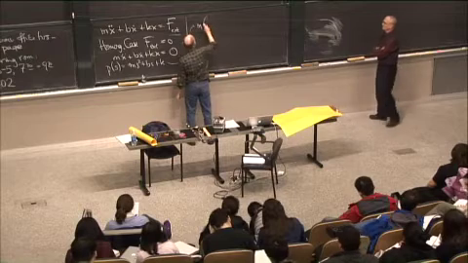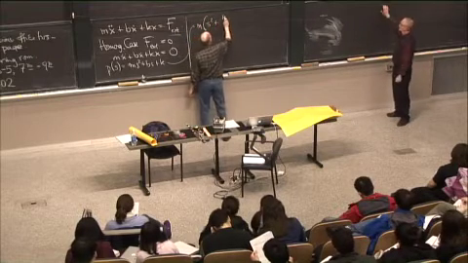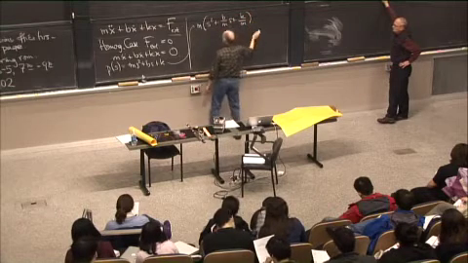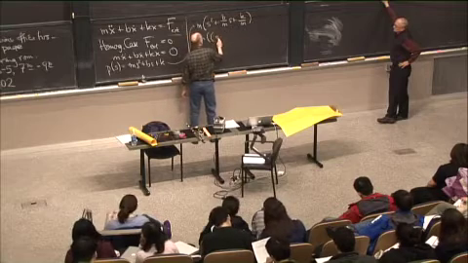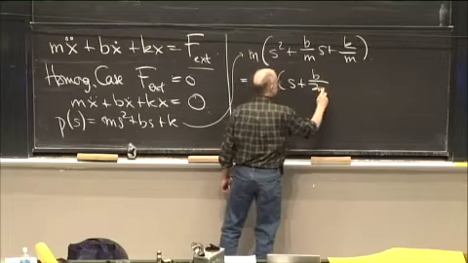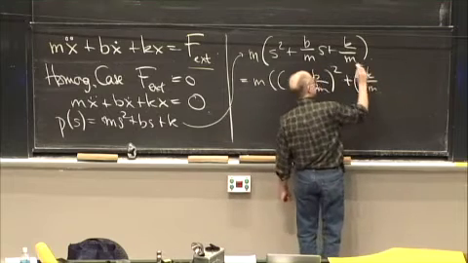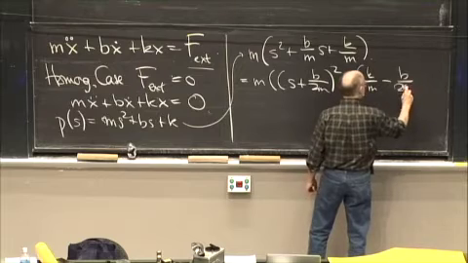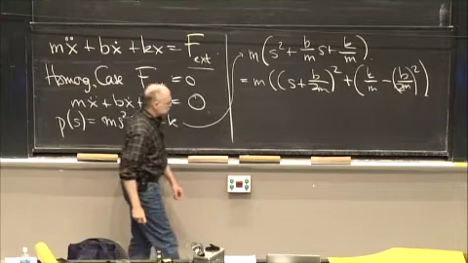So I'm going to factor out the m, and I get s squared plus b over m s plus k over m. And then I'll complete the square to see what the roots look like. So I get s plus b over 2m, quantity squared, plus the k over m, and then I want to subtract the b over 2m squared that comes when you square that part.